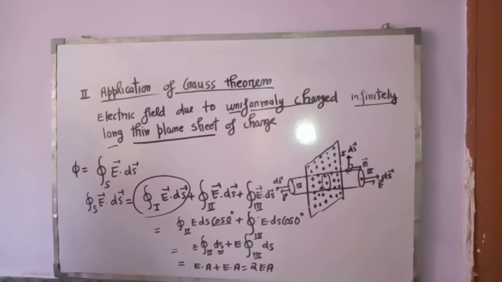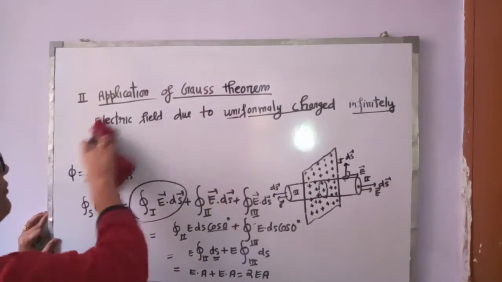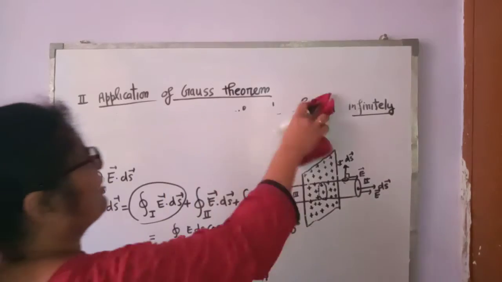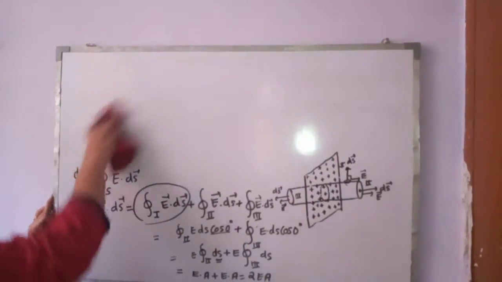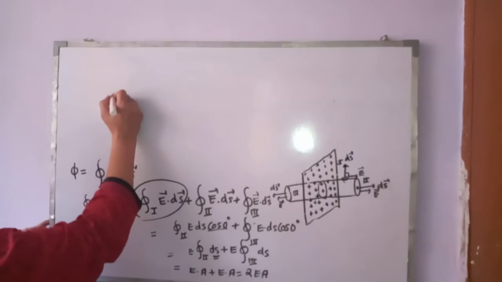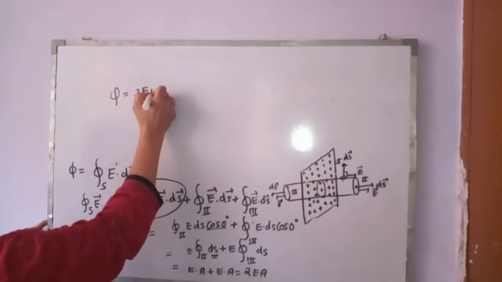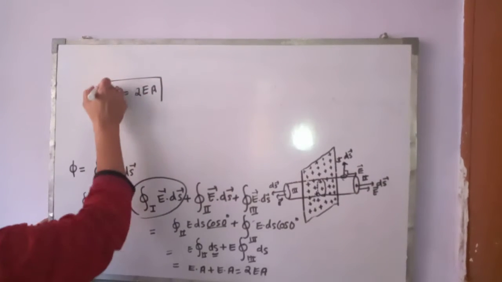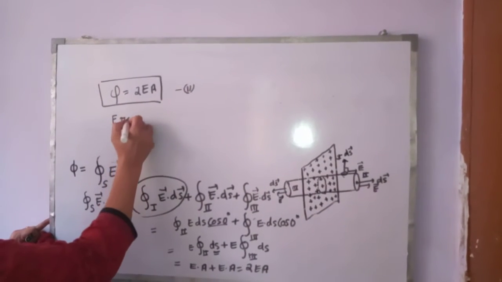Now what have we calculated here? We have calculated that phi, which is equal to the integral of E dot dS, comes out to be 2EA. You can write this here as the first equation. Now from which theorem? From Gauss theorem.